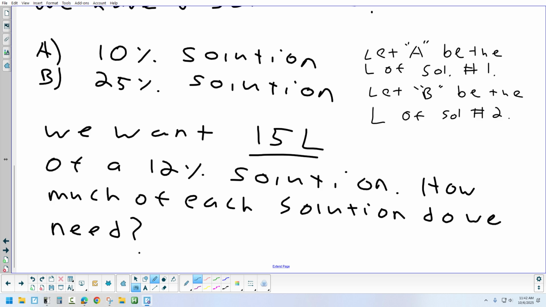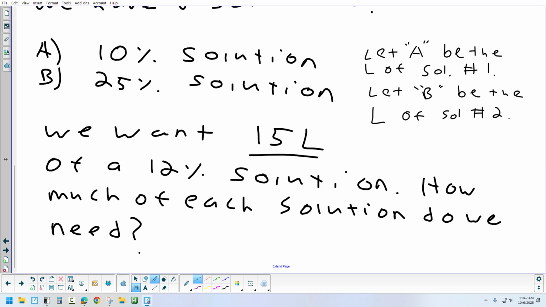What do I know when I mix A and B together in terms of the final volume? It has to equal 15 liters, yes. And how would you total up the amount of A and the amount of B mixed together?